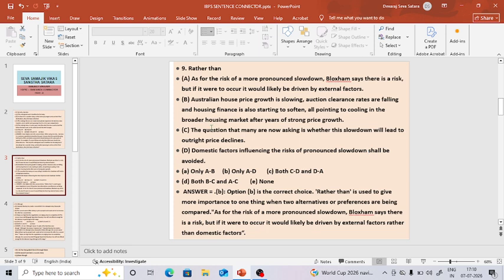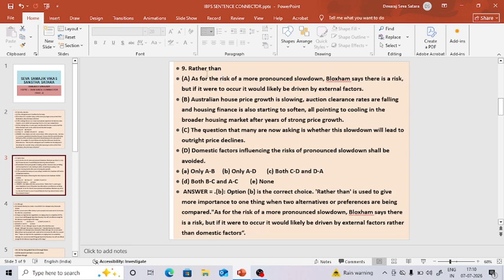Now, in these given sentences, we have to use the connector rather than. We use rather than when we want to give importance to something, meaning one thing is more important than something else. So of these sentences, sentence A and sentence D can join with rather than.